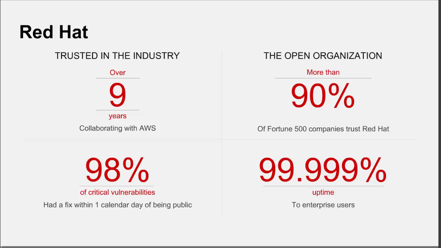That's particularly based on 98% of the critical security vulnerabilities are fixed typically within 1 calendar day from our security response team. Enterprise customers who use Red Hat know that we can deliver availability of up to 5 nines of our systems.